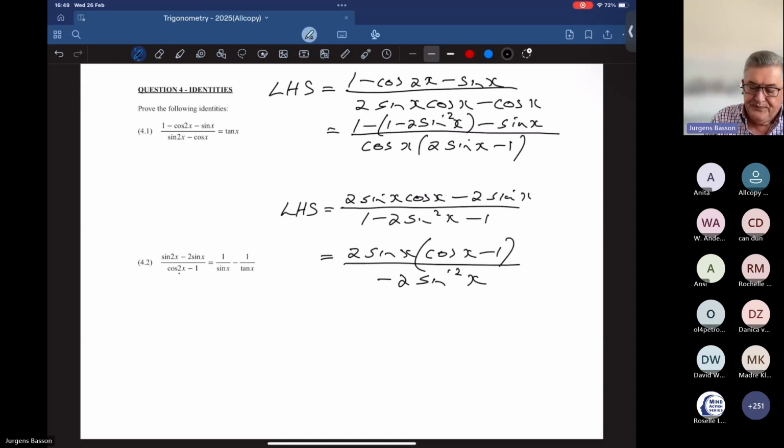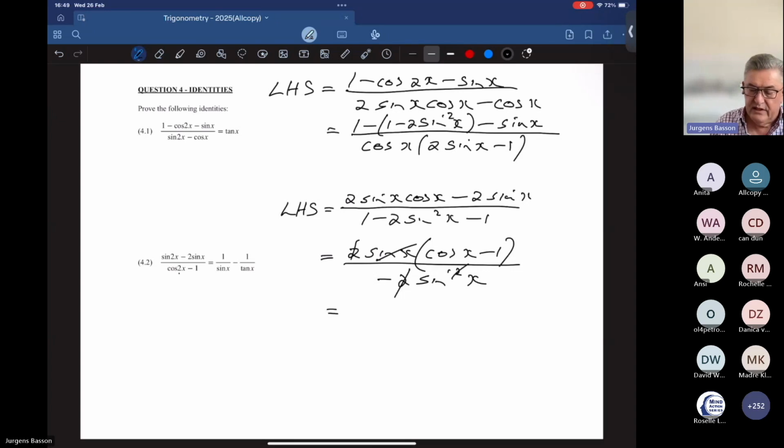And you hopefully now can see that maybe it's easiest to cancel the 2's in the meantime. And now I can take sine into the bracket. Maybe that's a pretty good idea. No, we don't need to. We can cancel the sine with this square.